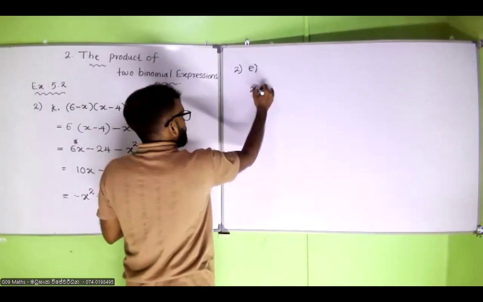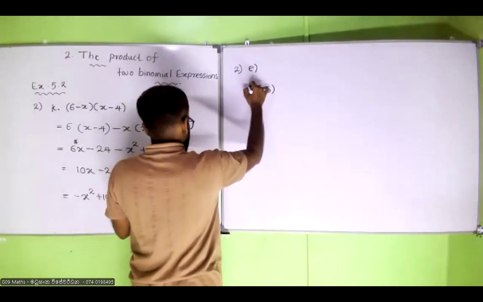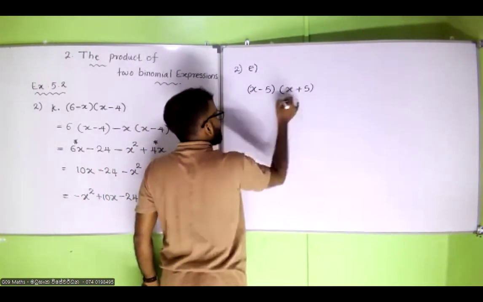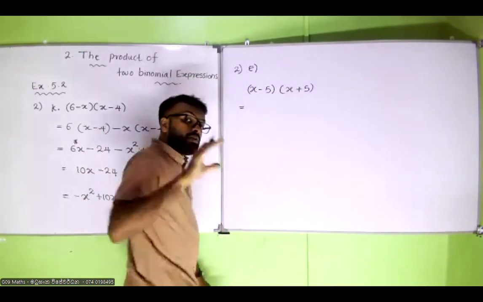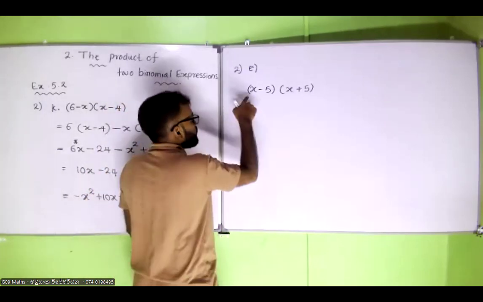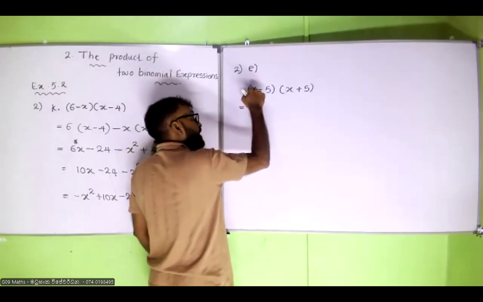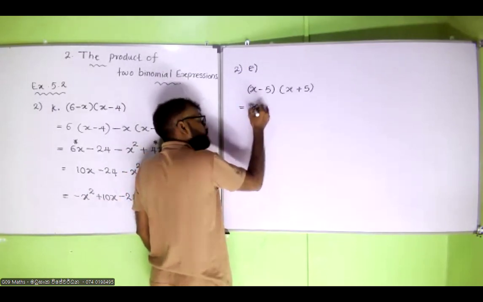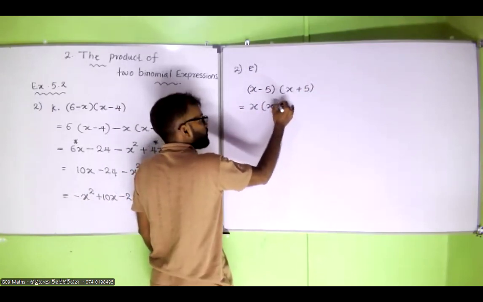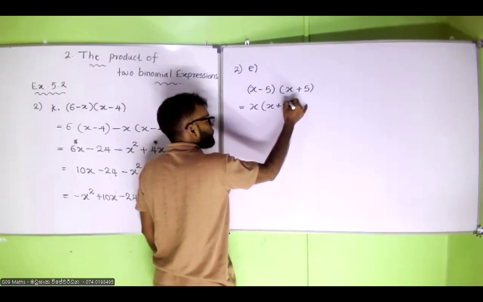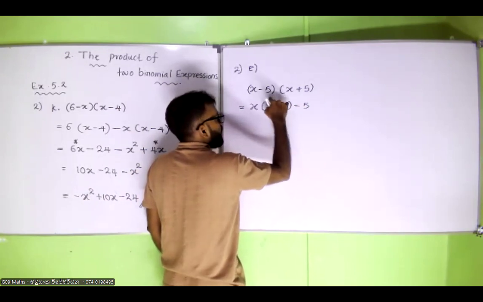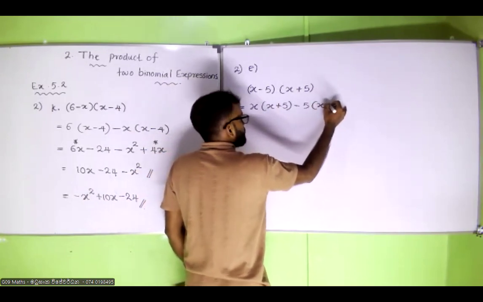x minus 5 times x plus 5 equals. Do what you know. Here you have positive x, I am going to write it here, then positive x into this expression x plus 5. Here you have negative 5, multiplied by this expression x plus 5.